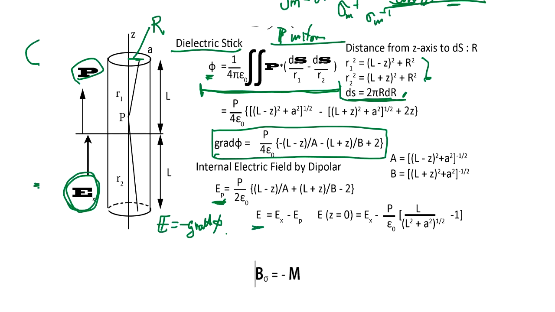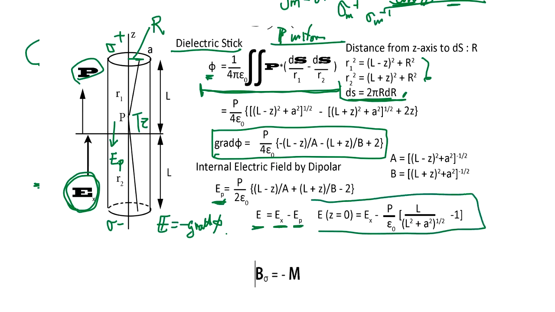So the actual E is going to be the external E, and this opposite direction E, this is sigma plus and sigma minus. Within, E and P is this way. So at Z is 0, Z is this distance, we get this equation.